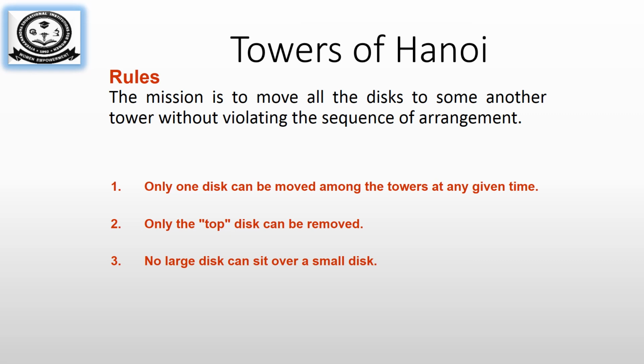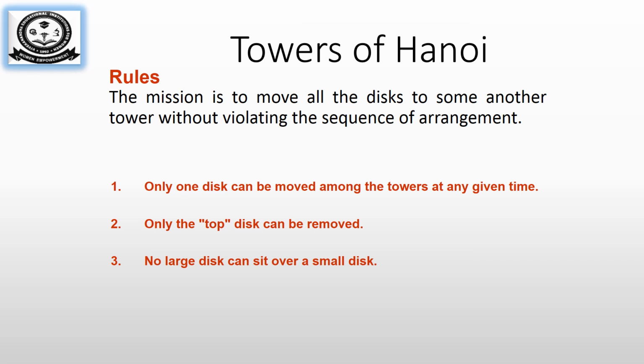So what will be the rules? We will list out the rules one by one. The first rule is you can move only one disc or ring from the towers at a given time. So at a time I can move only one ring. Then only the top disc can be removed. You can't remove the bottom disc because it's going to be acting like a stack.